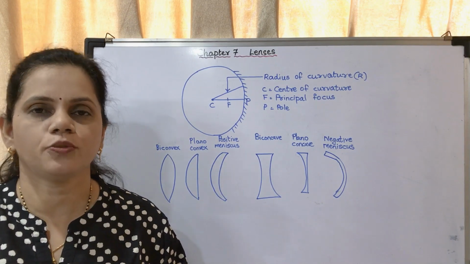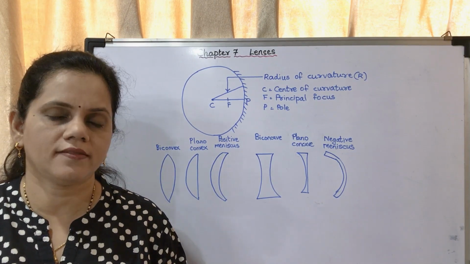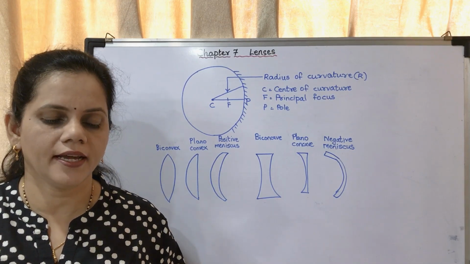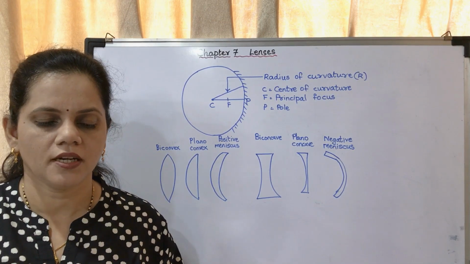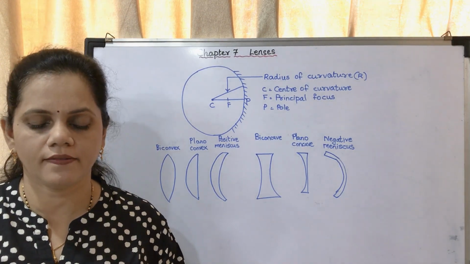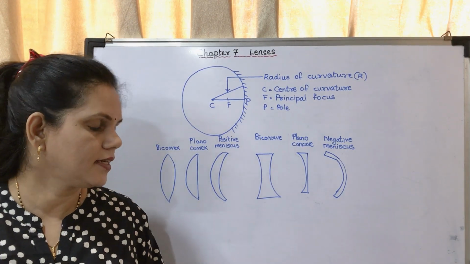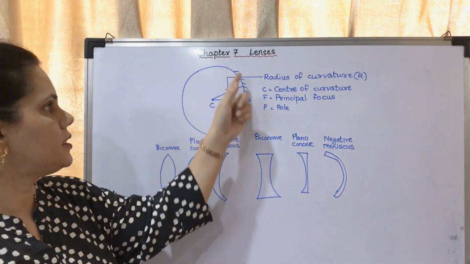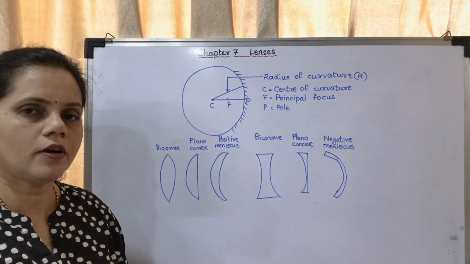The first part is a revision which you have studied in your 9th standard. Can you recall? Indicate the following terms related to spherical mirrors in figure 7.1. They have given a diagram. You may see I have drawn the diagram here. This is a sphere made up of glass.